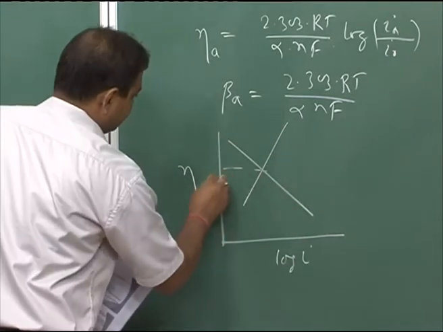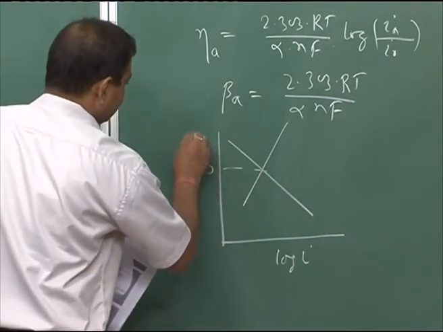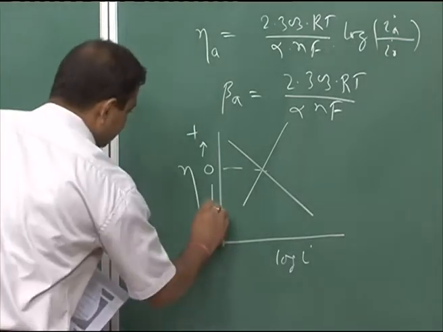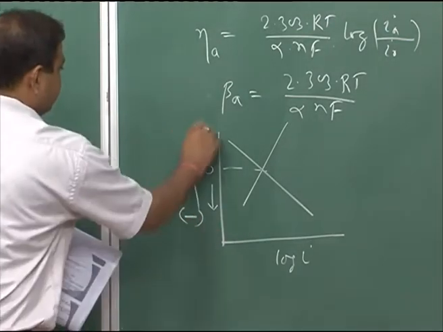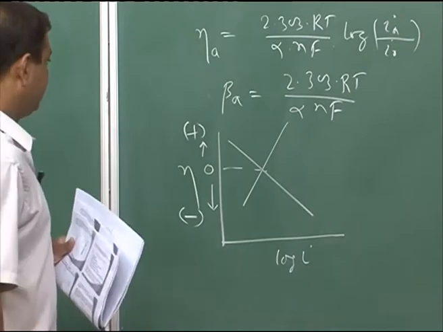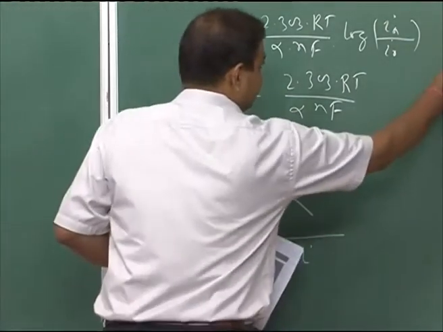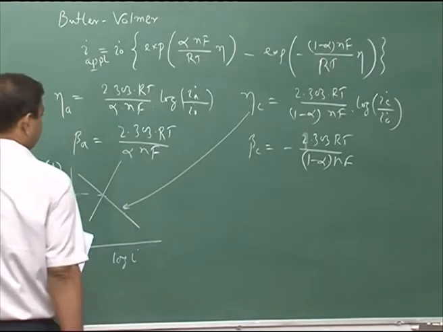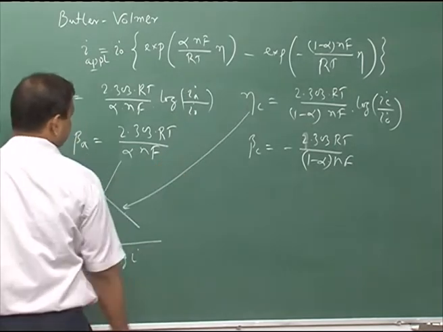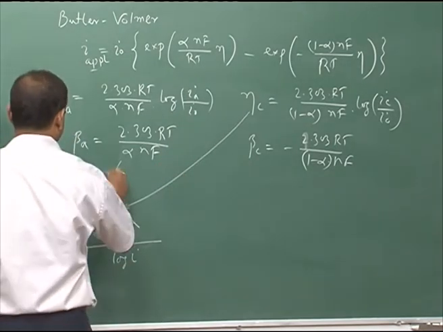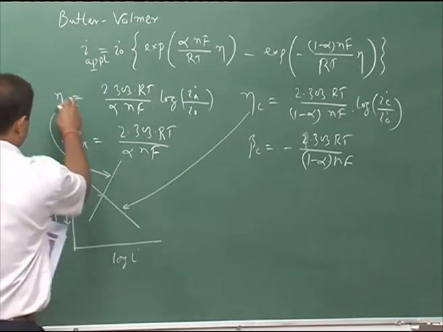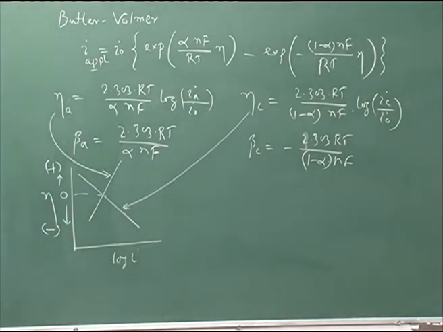This is 0, this is positive, which is anodic, this is negative, which is cathodic polarization. This line is for the cathodic reaction, and this line is the anodic reaction.